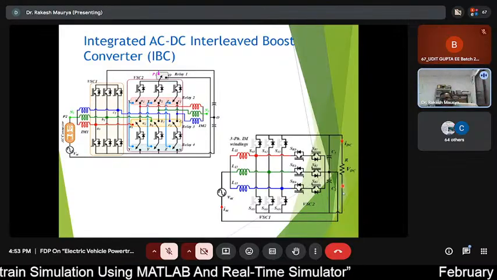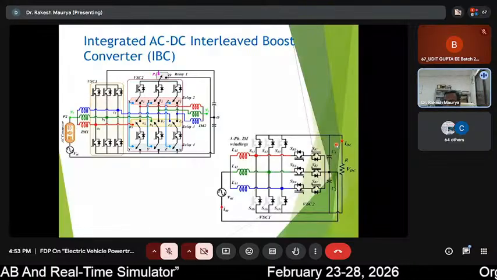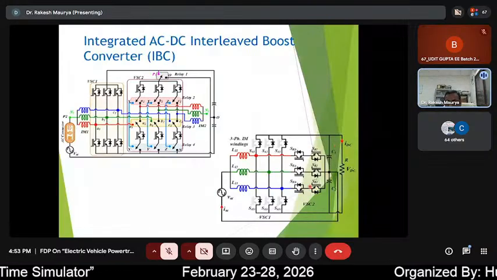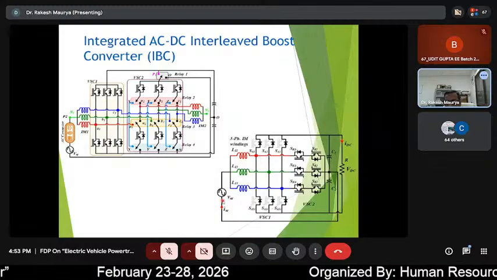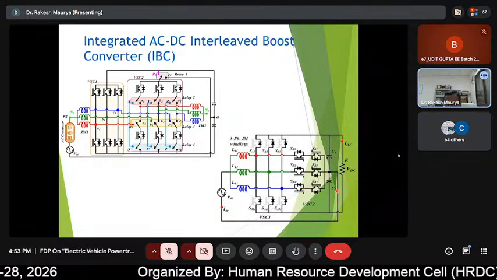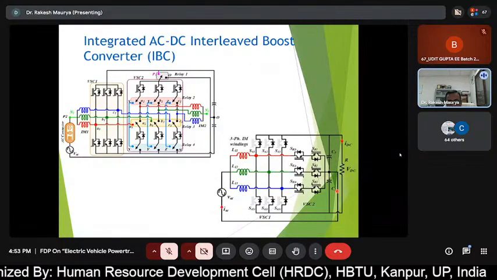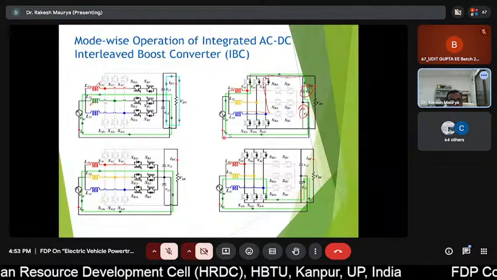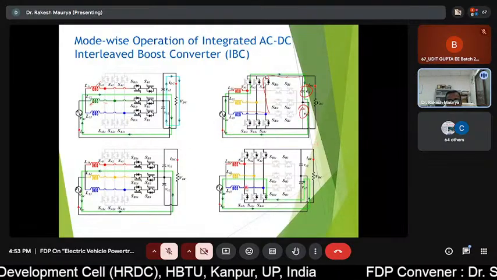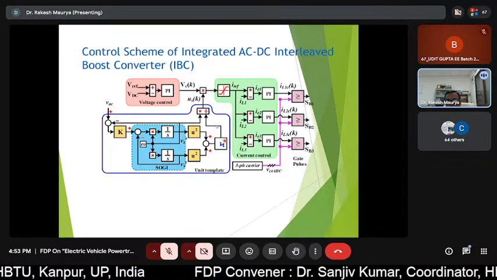And the other two sets of VSC and induction motor can be configured as a DC to DC converter. So here the first setup is going to convert AC into DC, and later on the DC is utilized by the bidirectional DC to DC converter to charge your battery. This is the detailed operation we have discussed. You can refer to the paper and get the details.